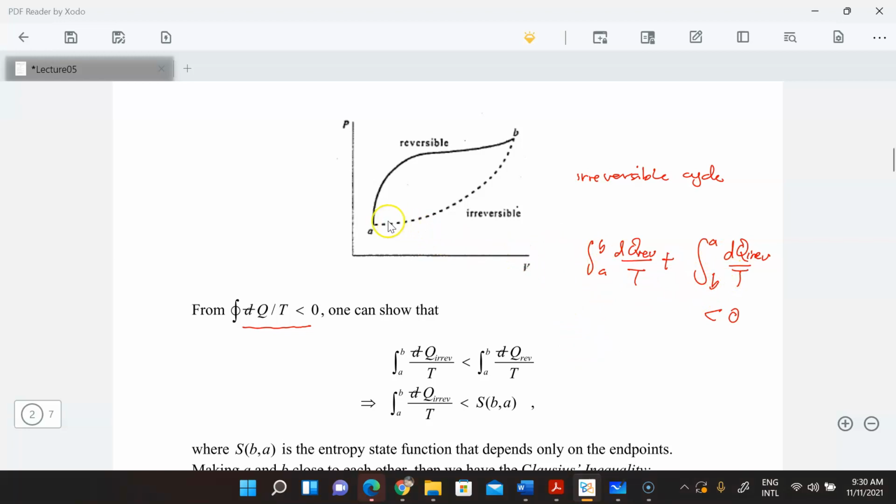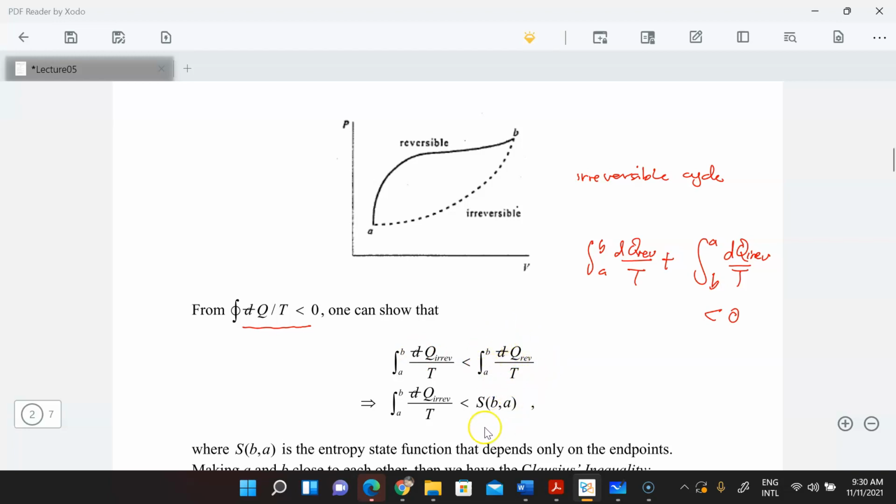So essentially you have your reversible part going from A to B, and then for the irreversible part, go from B to A, and then that will give you the cycle with the inequality sign. But now one can rearrange this equation so that you get the irreversible path is less than the one with the reversible path.